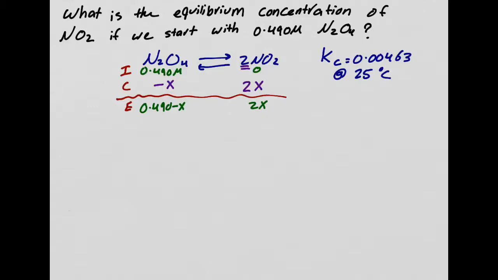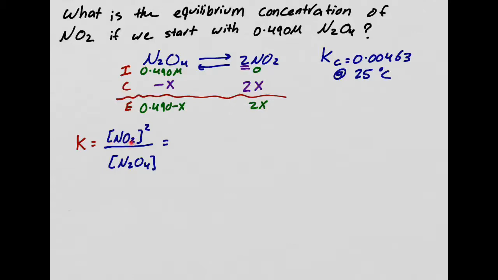Okay. So now we know what the change is, what's going to be happening at equilibrium. Now I'm going to equal this to my equilibrium constant. So my K is going to equal product over reactant. My product is NO2 to the power of 2 over N2O4 just to the power of 1. You guys are following me so far?